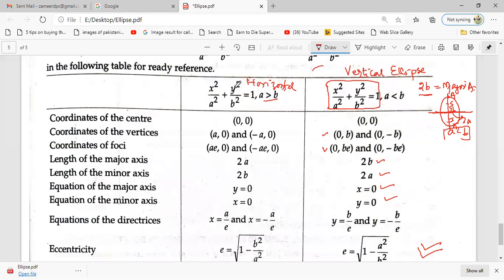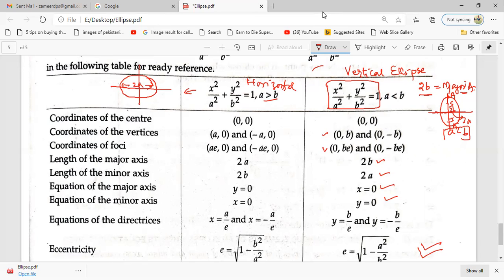So just remember, this is a horizontal ellipse, and here we are taking this length as major axis 2a. But this you have to remember. And here we are taking major axis as 2b.